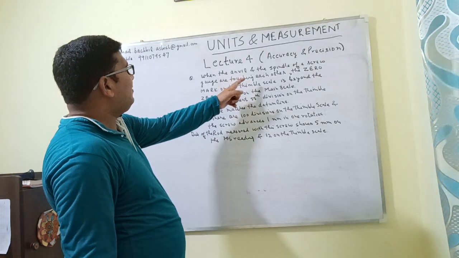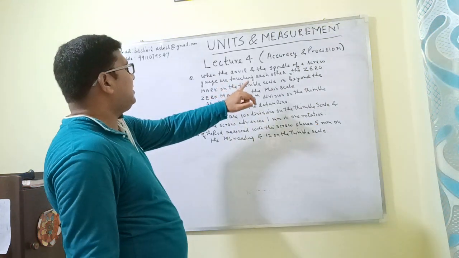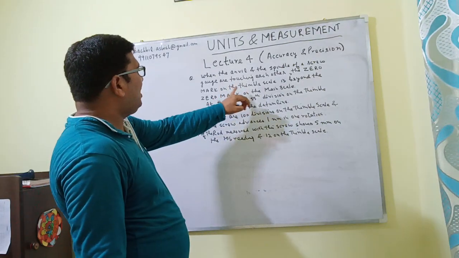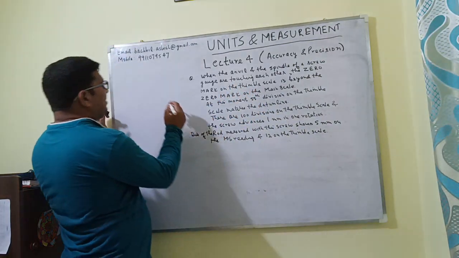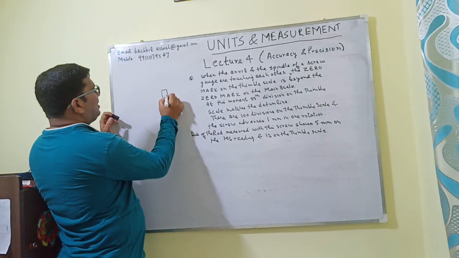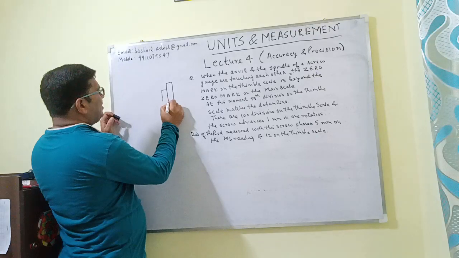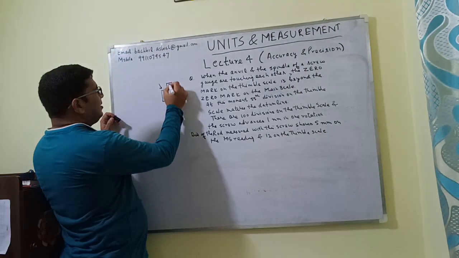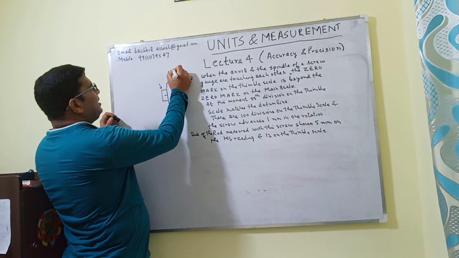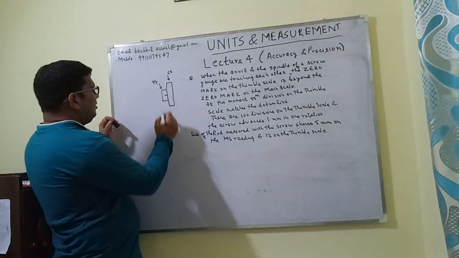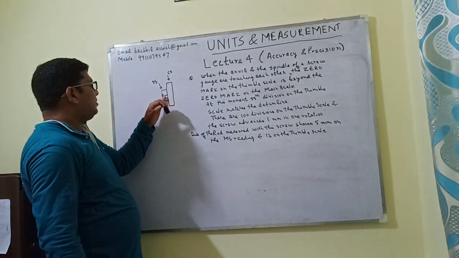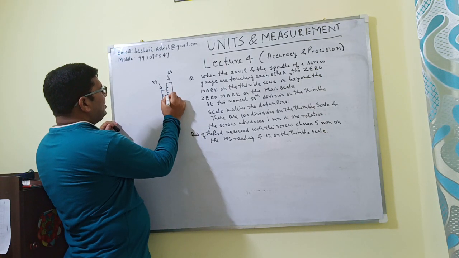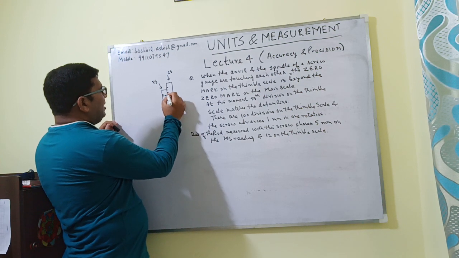So at that moment of time you have to measure the diameter or the linear dimension of any object. Here he is saying that the anvil and the spindle of the screw gauge are touching each other. It means that at that point of time the zero mark on the thimble scale is beyond the zero mark on the main scale. Let me explain this with a very simple diagram. This is the pitch scale, and this is the circular scale. Let us say the zero mark on the pitch scale is here, and the circular scale will have many divisions.